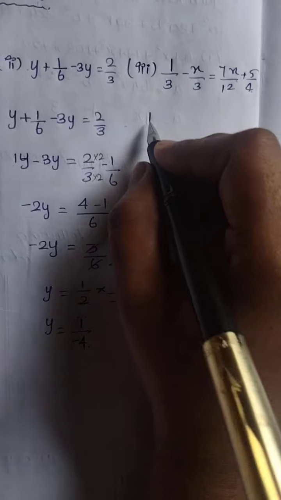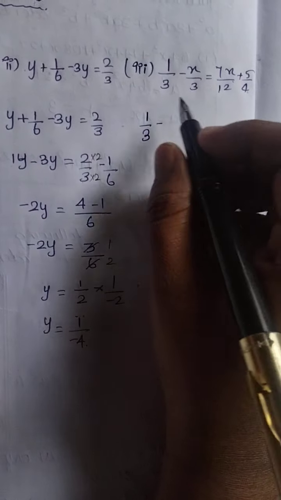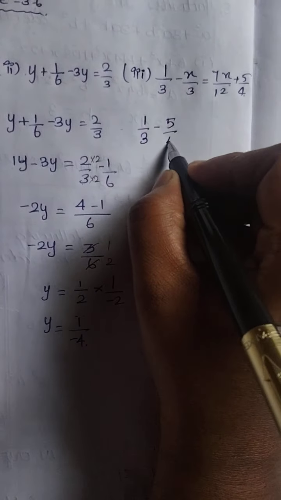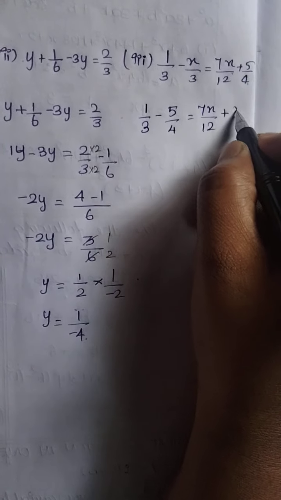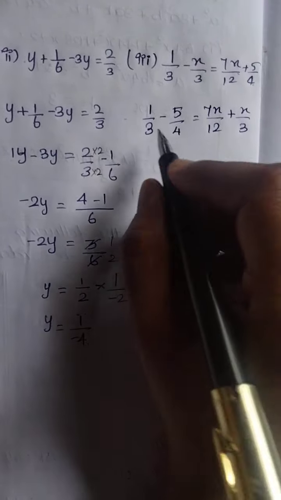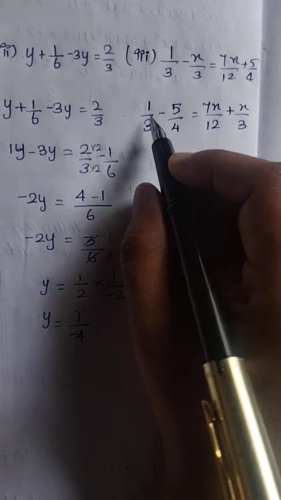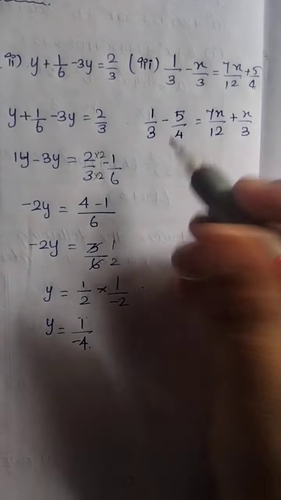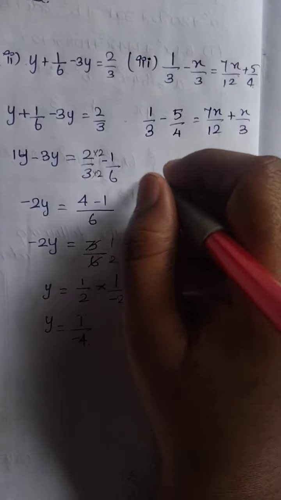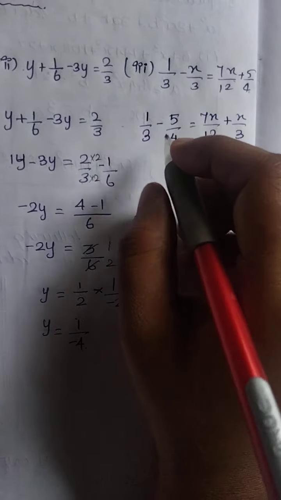Clear? Now we take the numerical values 1/3 and −5/4 on one side, and 7x/12 + x/3 on the other side. Clear? Now this has different denominators, right? So we have to make the denominator the same. 4 3s are 12. Am I right?